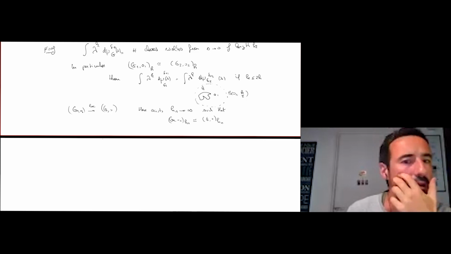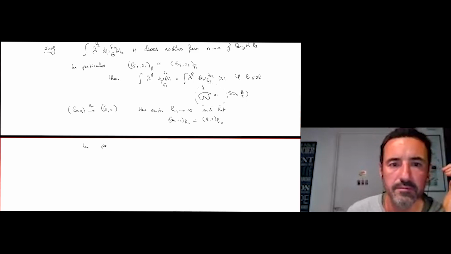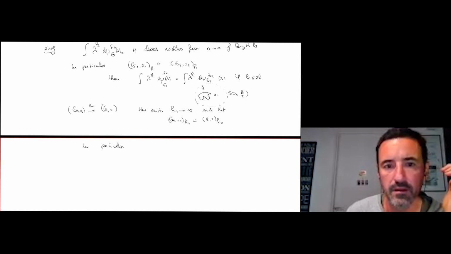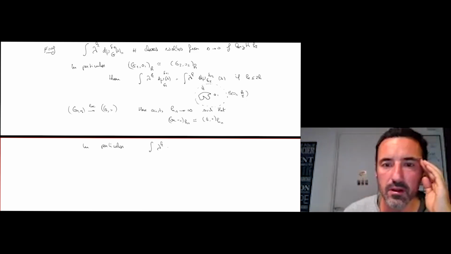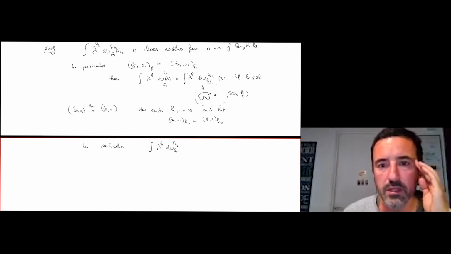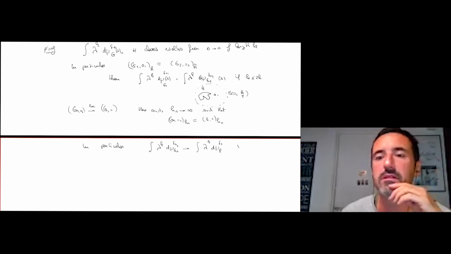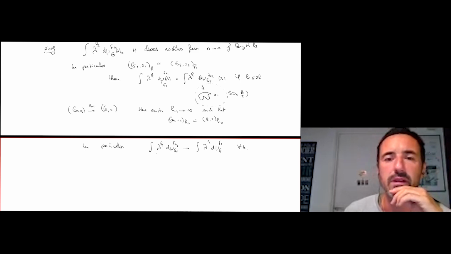In particular, the moments are equal after some steps, so the moments will converge to the moments of the limit for each k.